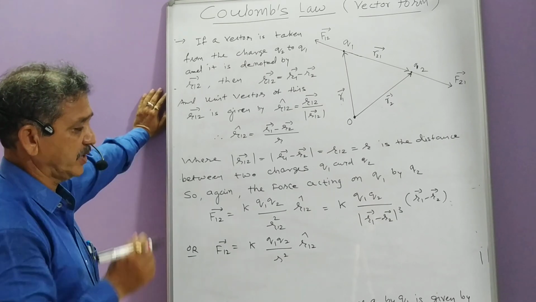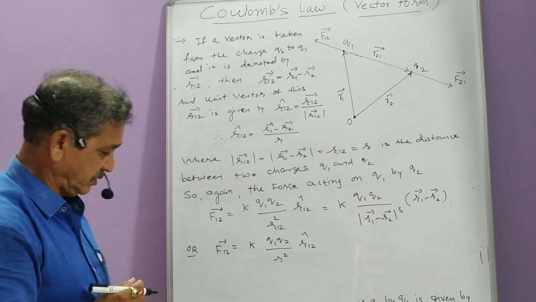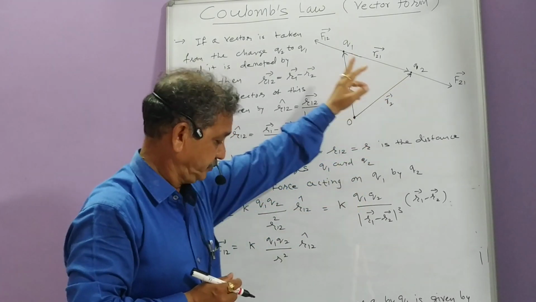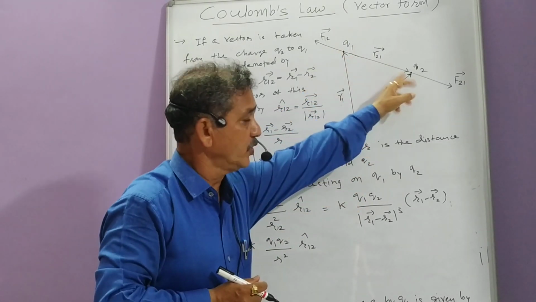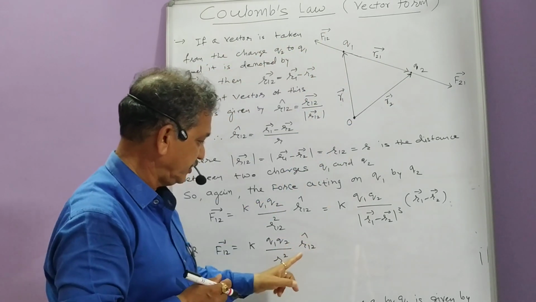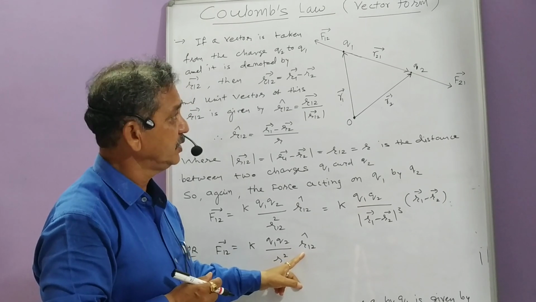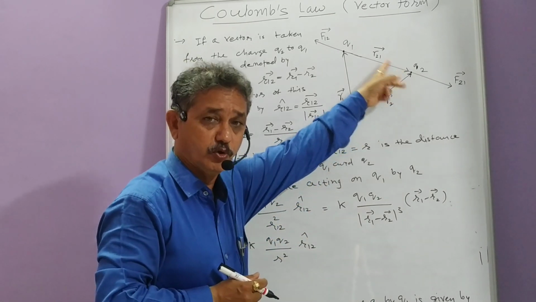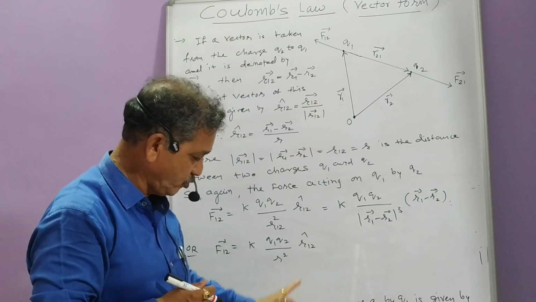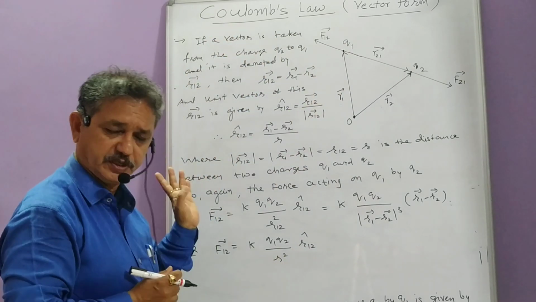But you can see from the diagram, this unit vector r21 was from the charge q1 to q2, or you can consider it is the right side, while this unit vector r12 is in the direction from q2 to q1, that is on the left side. That means these two unit vectors are opposite.